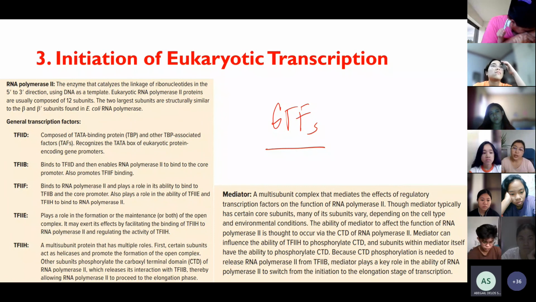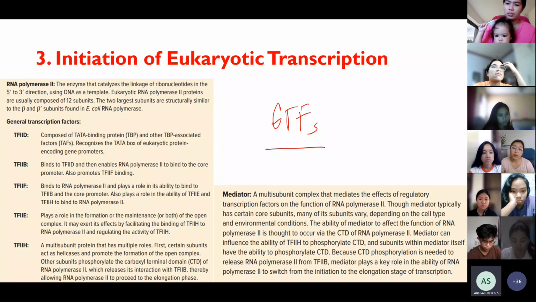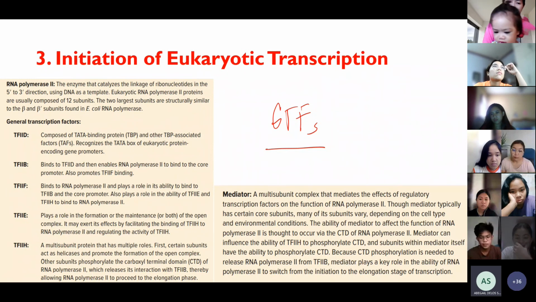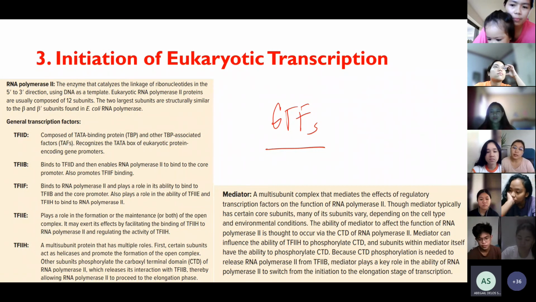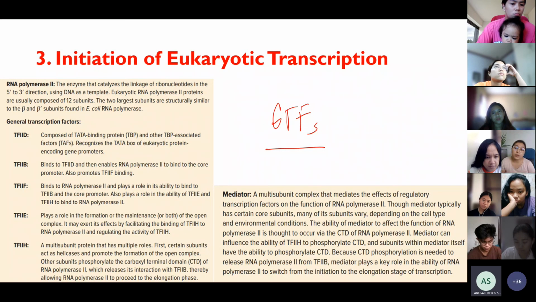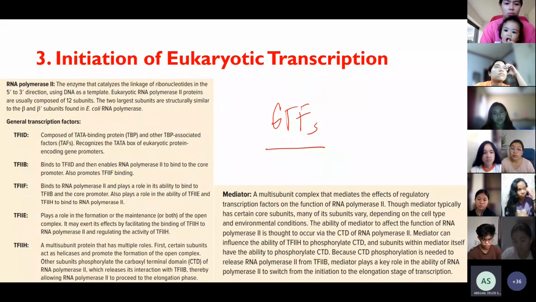Your TFIIH now plays a major role in the formation of the open complex, and several subunits act as a helicase that can break the hydrogen bonds between the two strands of the DNA, because we need to break the bonds before we can initiate the transcript itself. It also hydrolyzes ATP and phosphorylates a domain in RNA polymerase II that we know as the carboxyl-terminal domain. Therefore, your RNA polymerase II is now free to proceed to the elongation stage of the transcript.